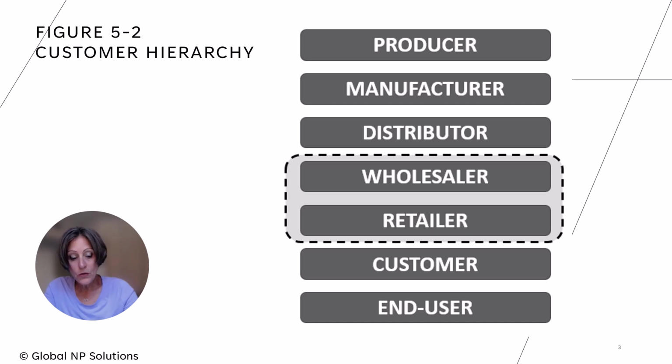Yet the true end user is the mom who receives a new blender for Christmas to make margaritas. However, the customer hierarchy model differentiates Dad as a customer who purchased the blender at the big box retailer in the first instance.